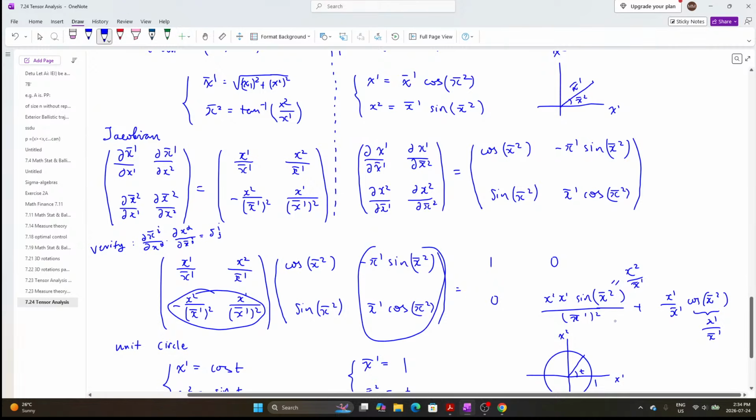How does that cancel? Oh, actually, one of the x bar 1 cancels. Actually, I messed up the algebra again. Oh my goodness. I wish I kept everything in terms of r and theta.